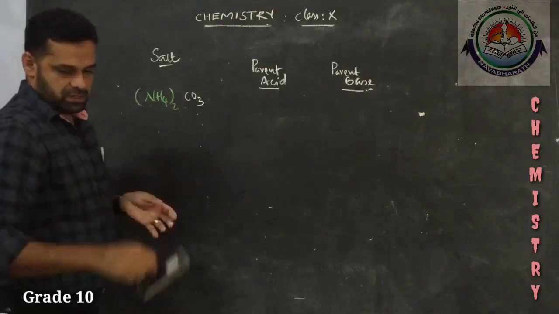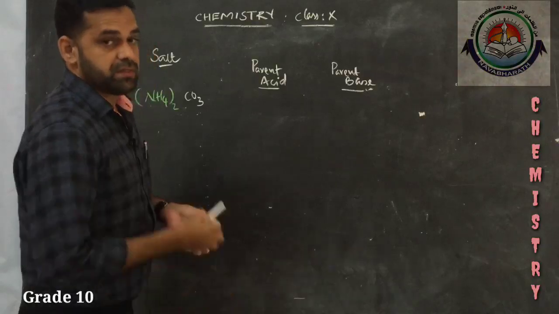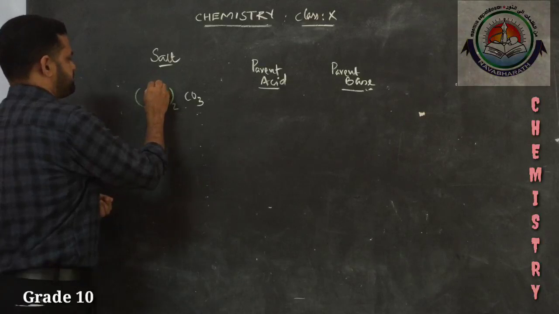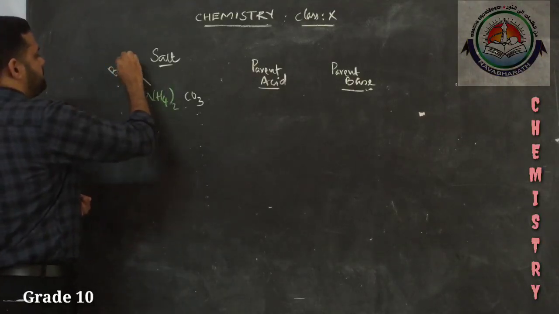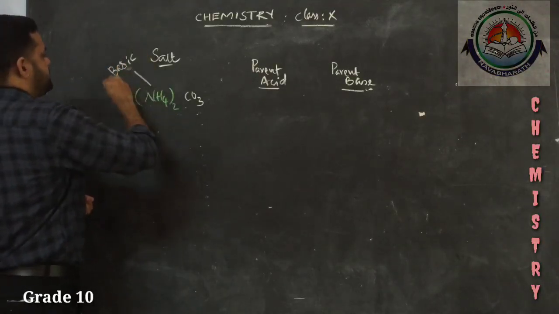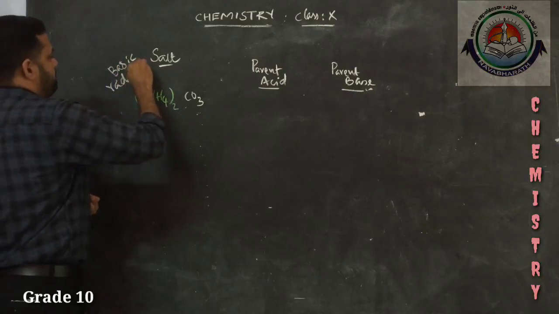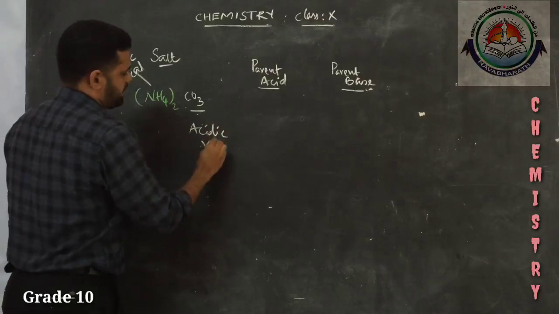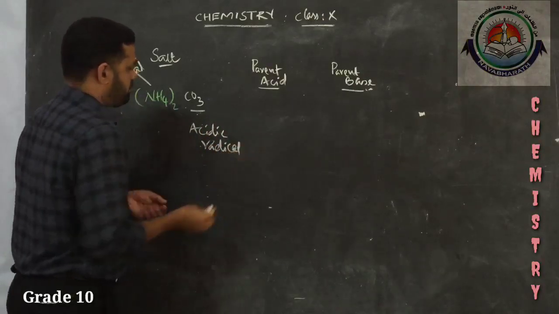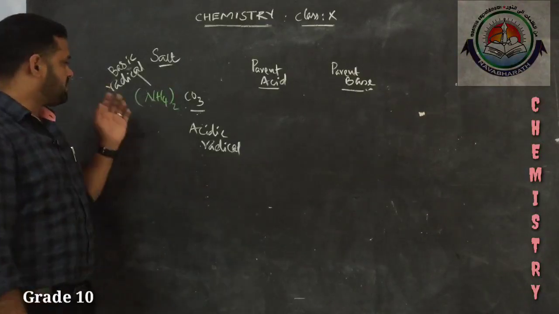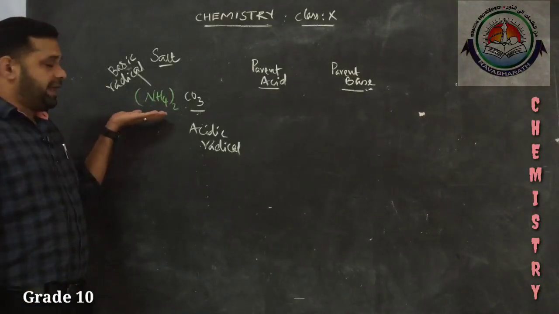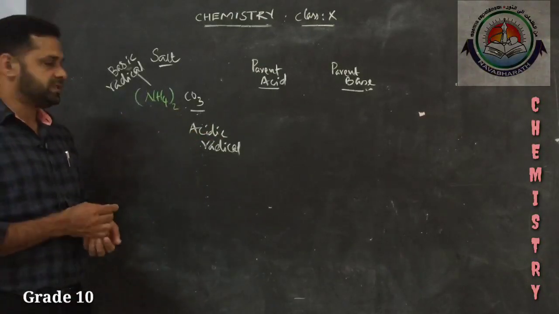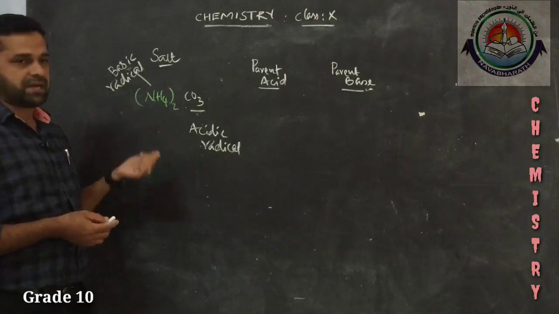We know there are two components in a salt. One is the basic radical, and this is the acidic radical. Why is it called the acidic radical and why is it called the basic radical? Because cations are formed from the bases and anions are formed from acids, isn't it? That is why it is called the acidic radical and basic radical.